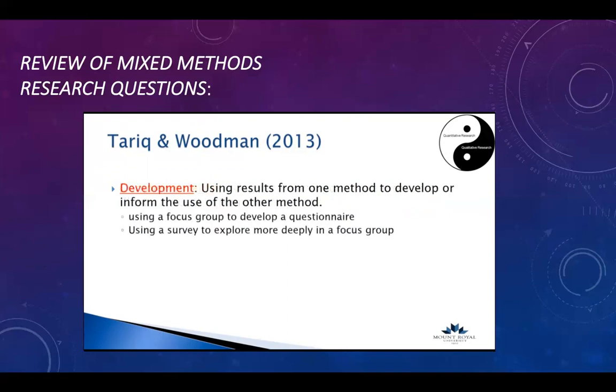Development is another rationale they present. And this is where we use results from one method to develop or inform the use of another method. So this might be using a focus group to develop a questionnaire, or using a survey to explore more deeply in a focus group.